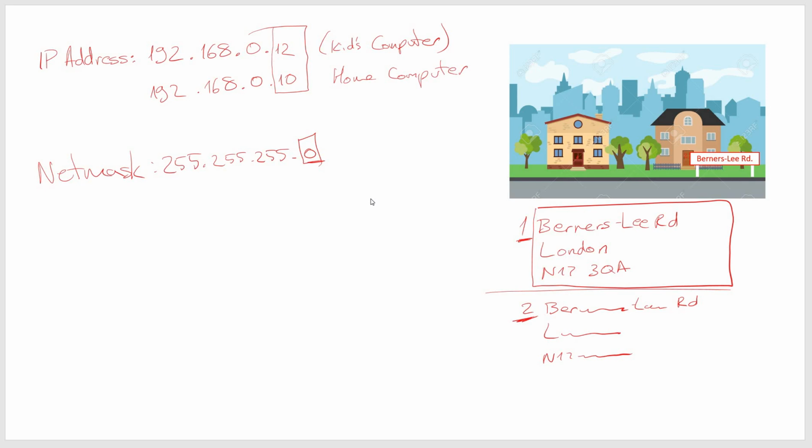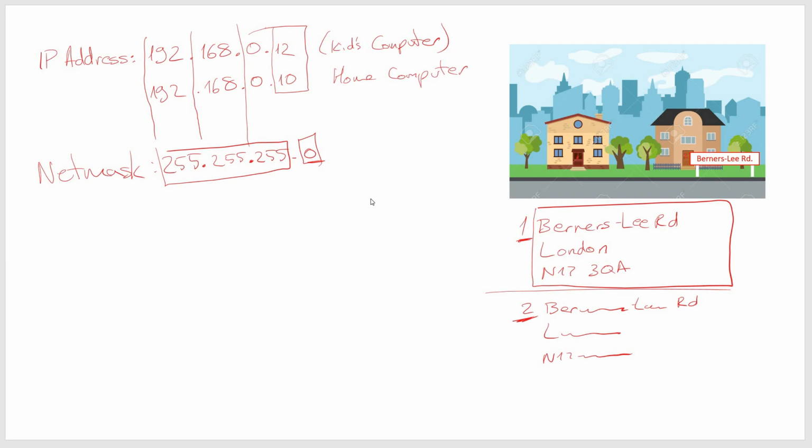The same thing applies for these IP addresses. Because this net mask is 255 in these points here, the part of the IP address which matches those points has to be the same in both IP addresses, except for the number at the end, which is going to differ, because that can't be the same.